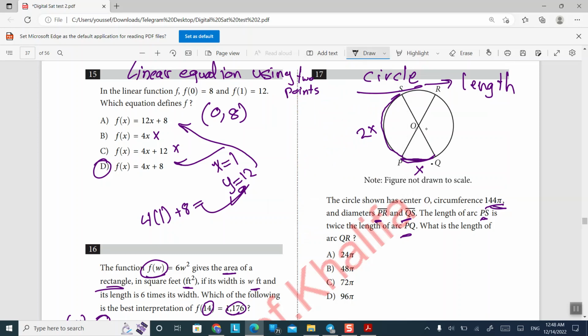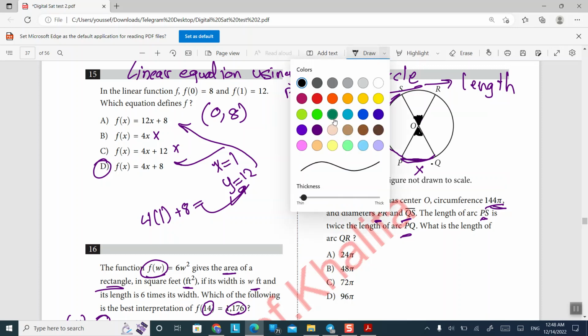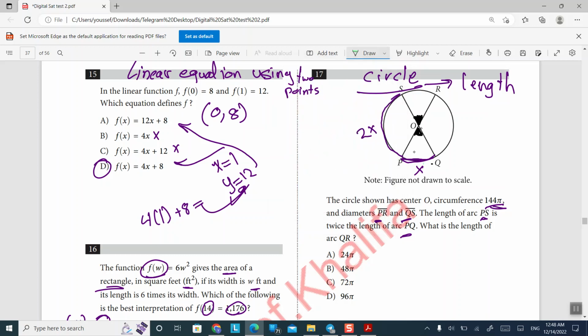Notice that this angle is equal to this angle using the theorem which is called the vertical angles. All vertical angles are congruent. And same for the other one, this one, so that's also congruent to that one.